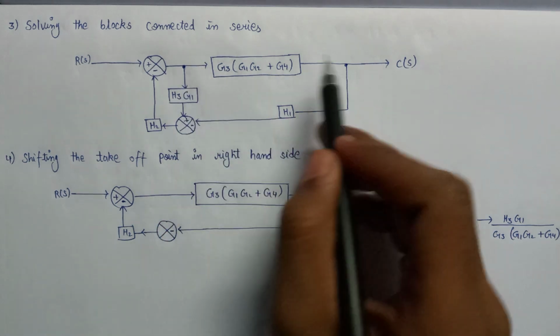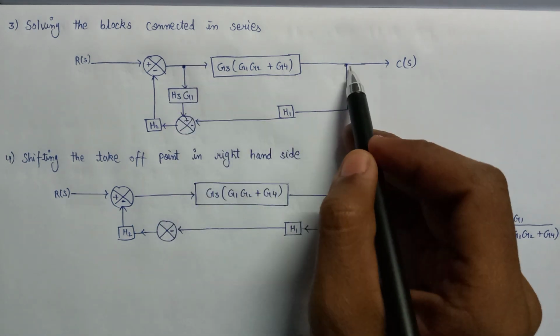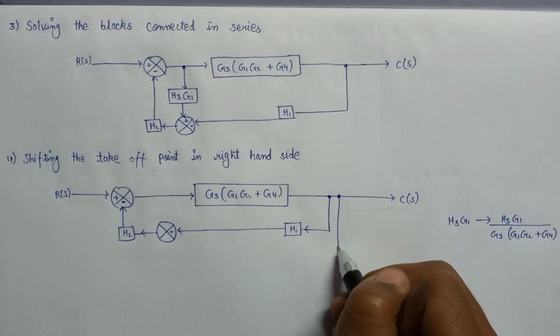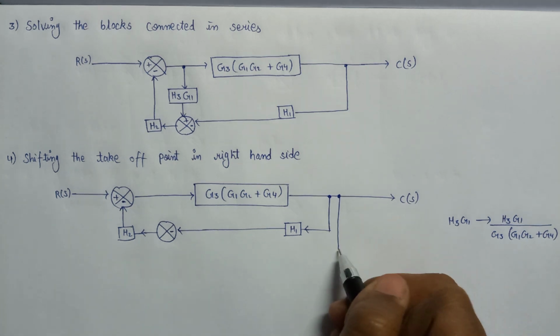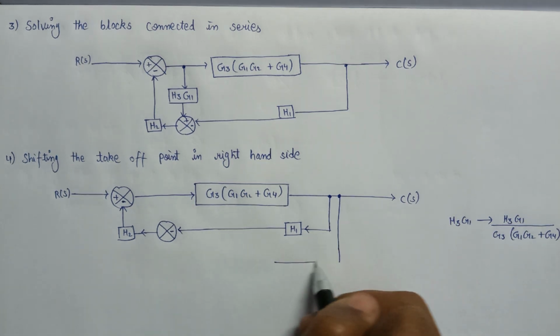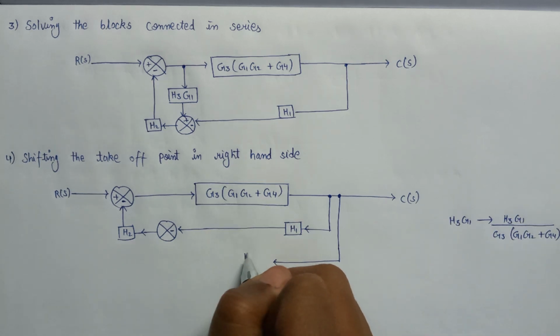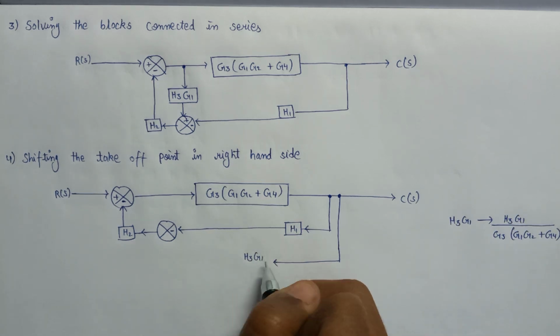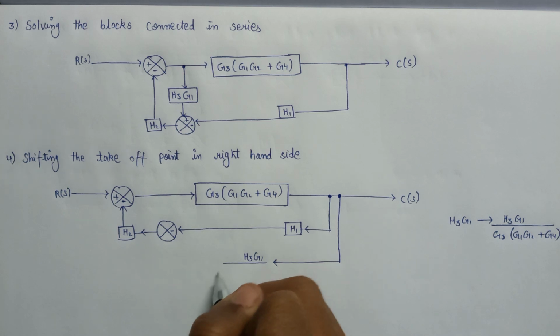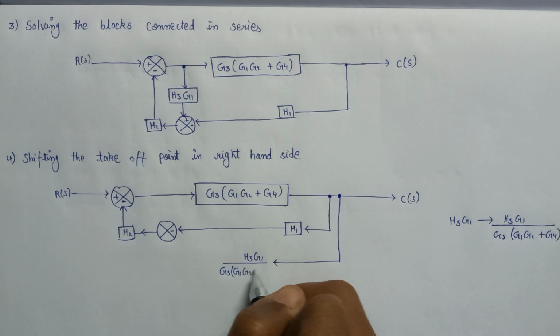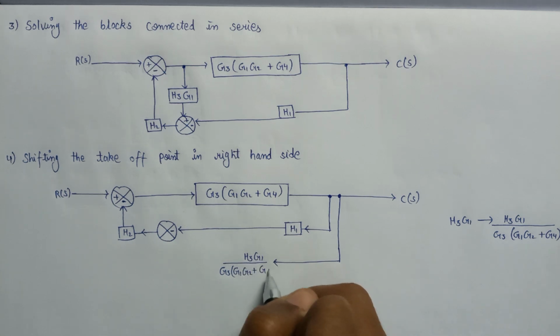And since we shifted this takeoff point to this position, here is the position from which another feedback gain emerged, having the gain equal to this: H3 G1 over G3 G1 G2 plus G4.